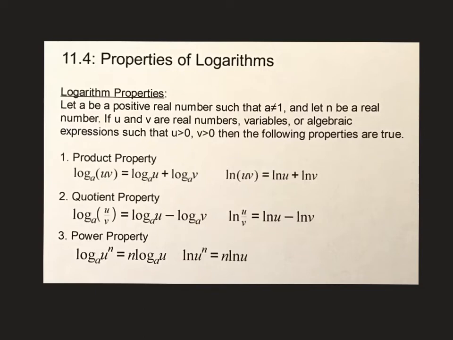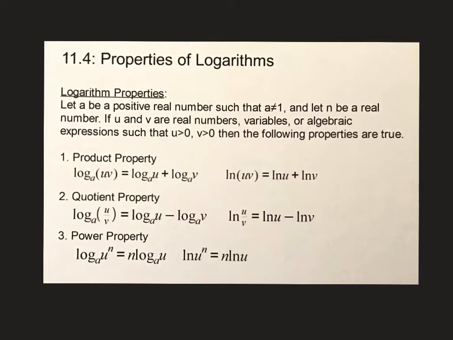So anytime you have two things multiplied together in a logarithm, you can rewrite them as two separate logarithms added together. The quotient property: log base a of u over v equals the log base a of u minus the log base a of v. Same thing with natural log. So if they're divided, you can subtract them.